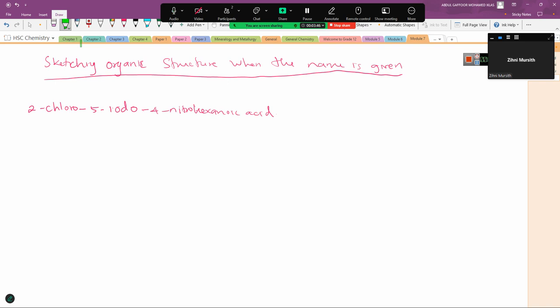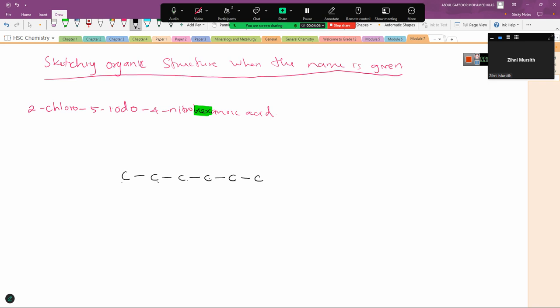No, we haven't. Okay. So first we have to identify the number of carbons. That is our first step. Since we have six carbons, we write down the carbon chain first, comprising six carbons, 1, 2, 3, 4, 5, and 6.